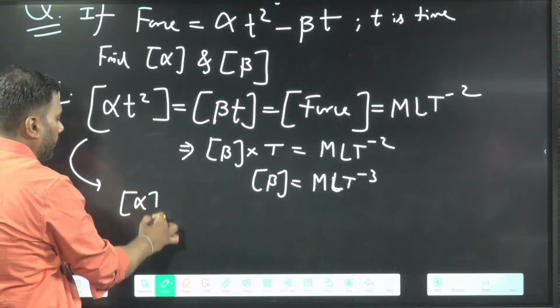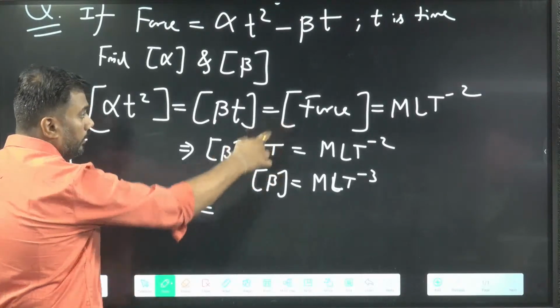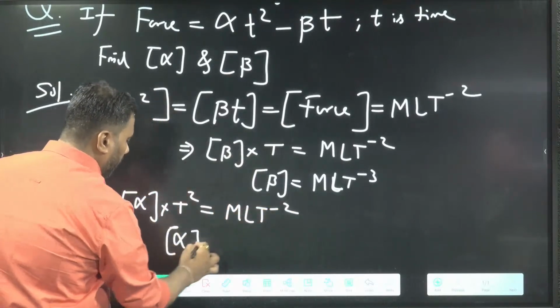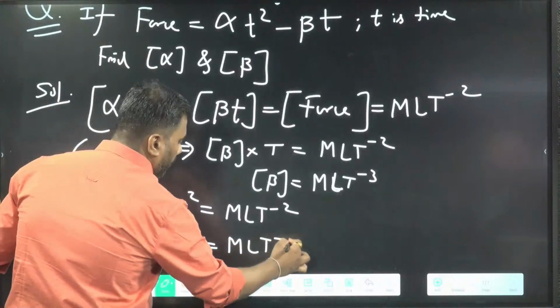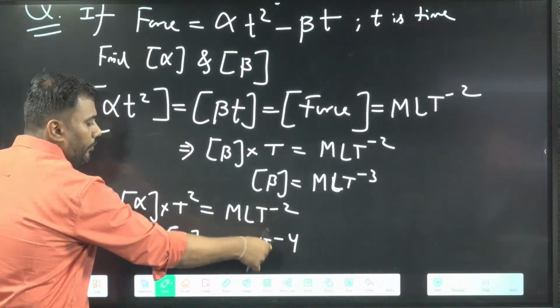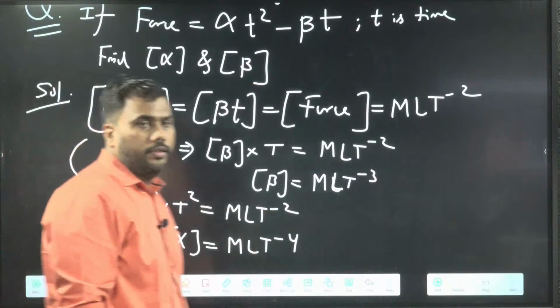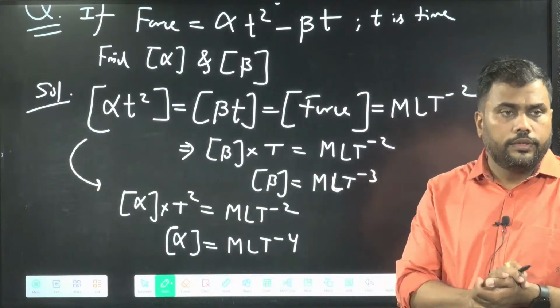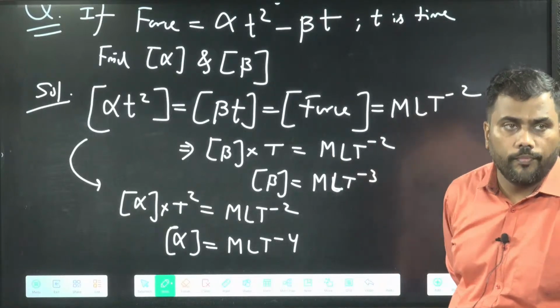Dimensions of alpha into dimensions of t square is force, mLT minus 2. If you divide by t square here, you will get mL T to the power minus 4. Is this simple? Everything clear?